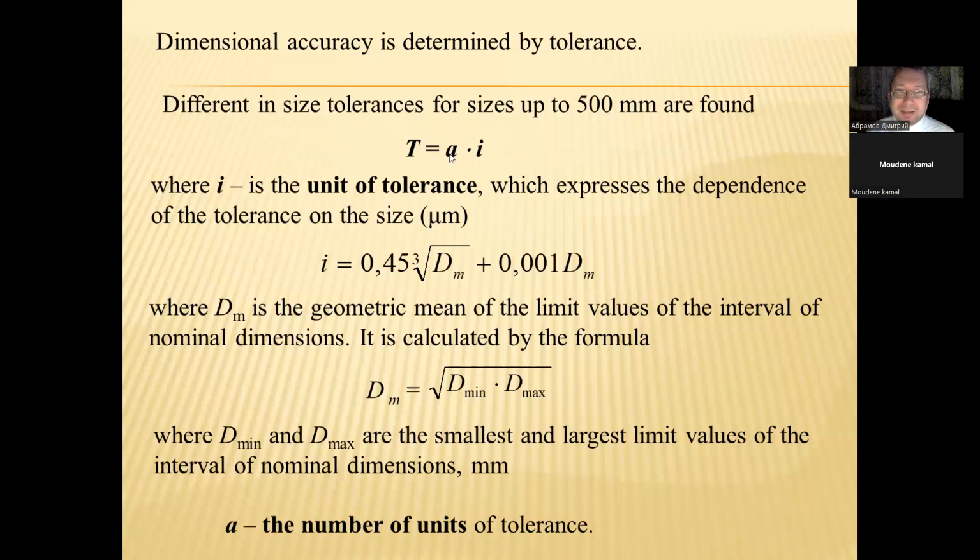And what is A? A is the number of units of tolerance. I is the unit of tolerance.